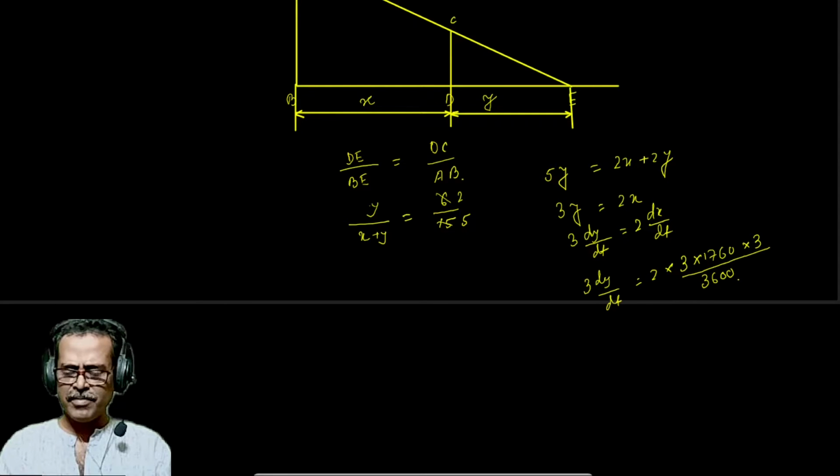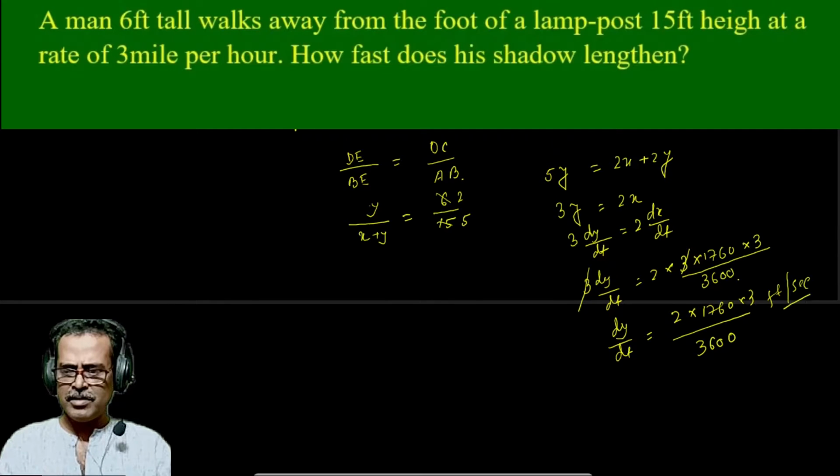This is dx/dt. So dy/dt is equal to 2 into 1760 into 3 divided by 3600 feet per second. That is one of the answers.